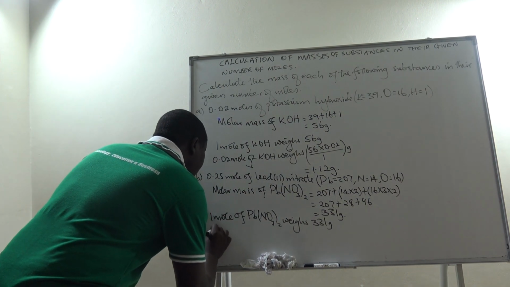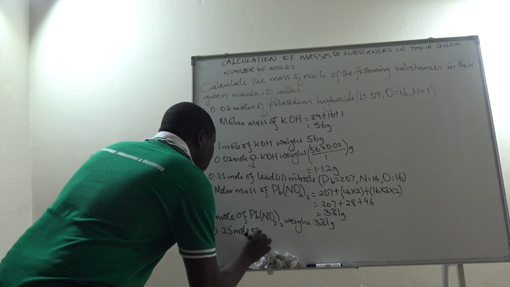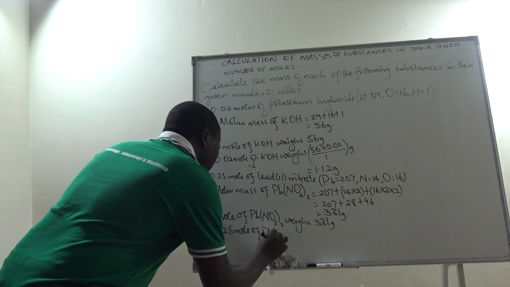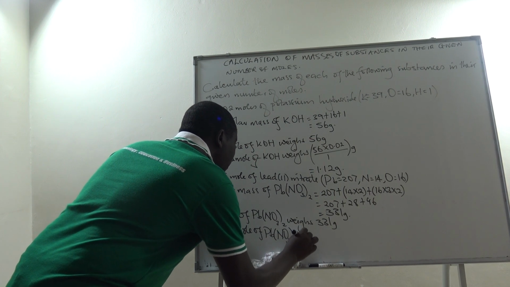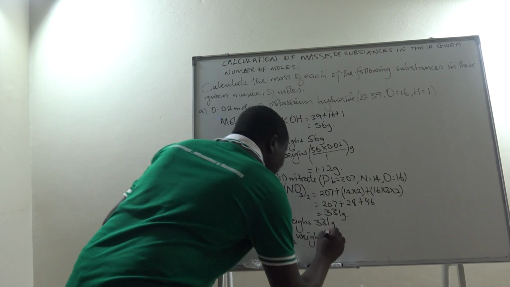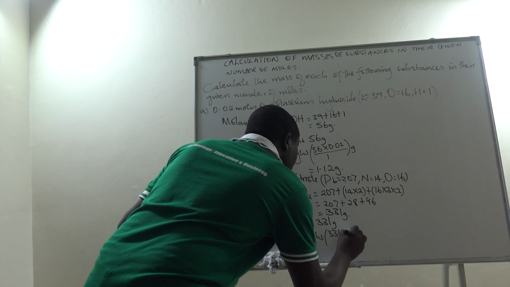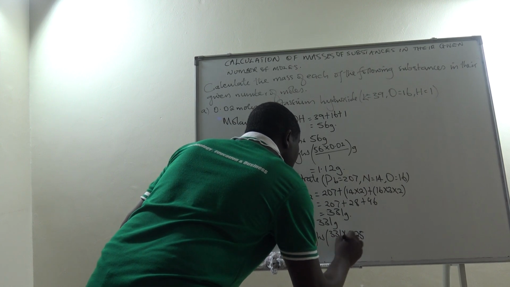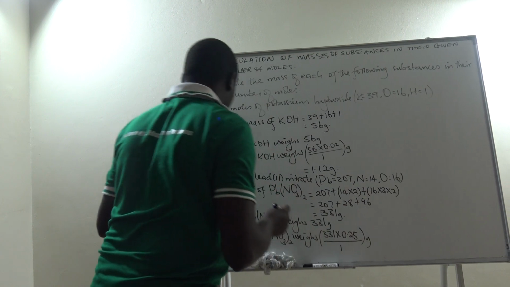Then what of the 0.25 mole of lead 2 nitrate? So it weighs, and we cross multiply 331 times 0.25 over 1 gram.